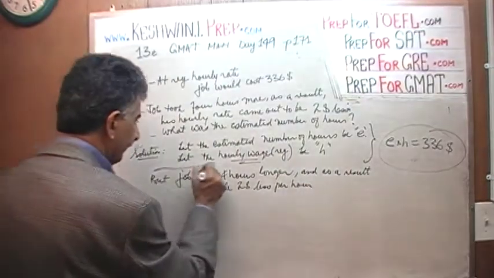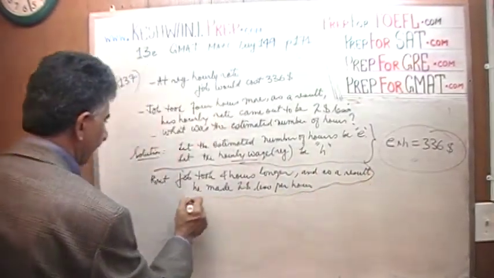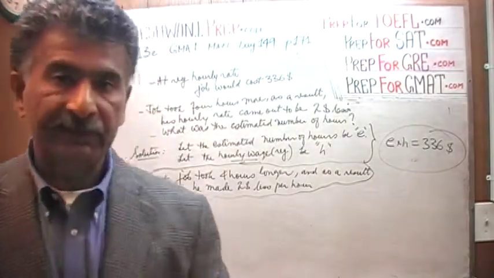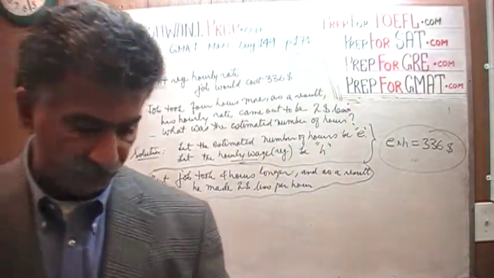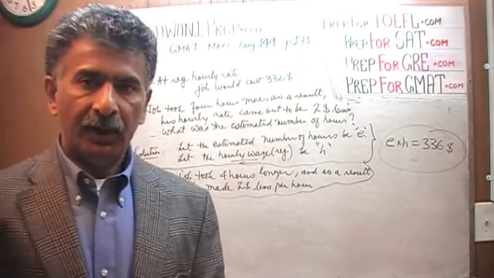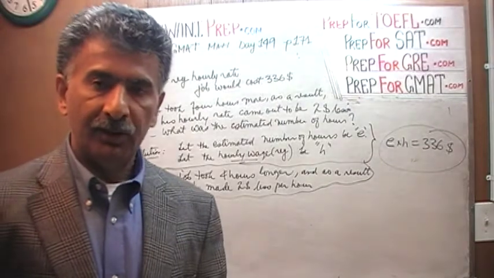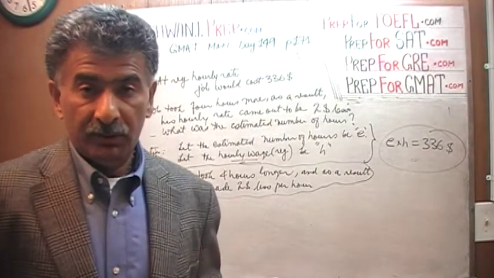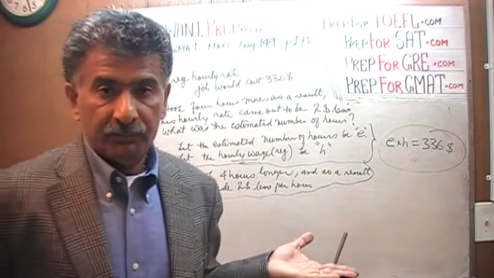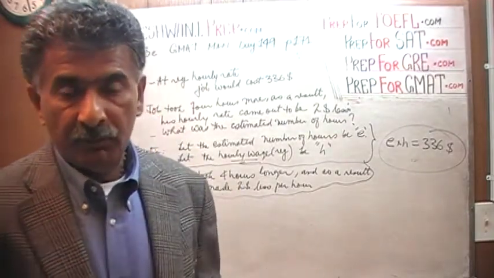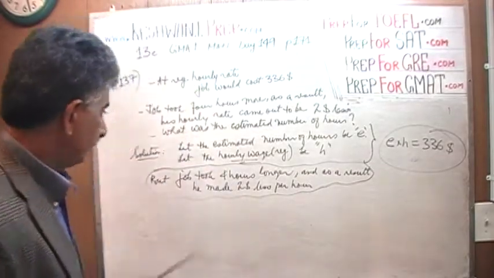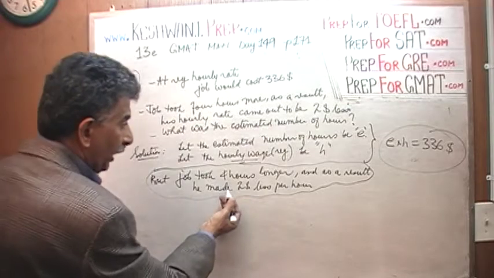Now in this sentence lies buried, embedded in this sentence, is our second equation. Our job is to translate this English language sentence into a mathematical sentence. A mathematical sentence is what is known as an equation. An equation is the comparable concept of a sentence. Sentences are made up of words, equations are made up of terms, and so on and so forth. So, the job took 4 hours longer.